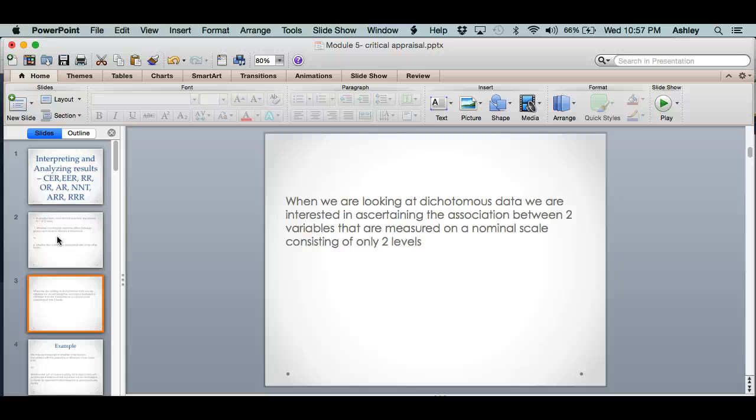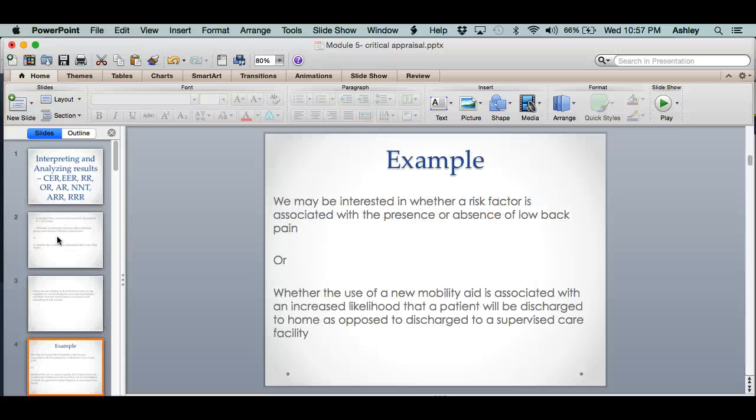So when we are looking at dichotomous data, we are interested in making an association between two variables that are measured on a nominal scale consisting of only two levels. Here's an example of that.